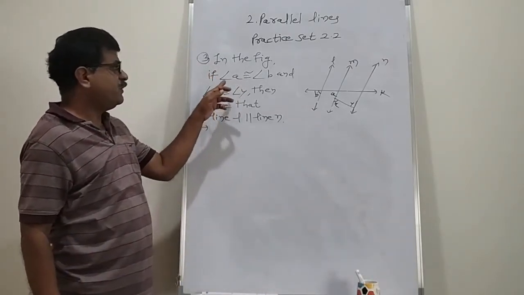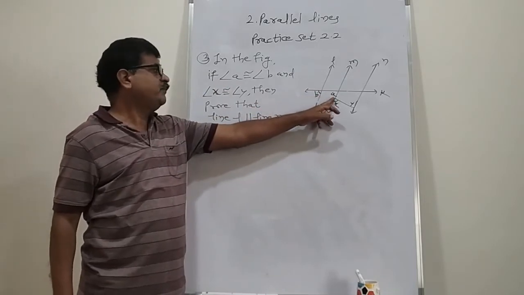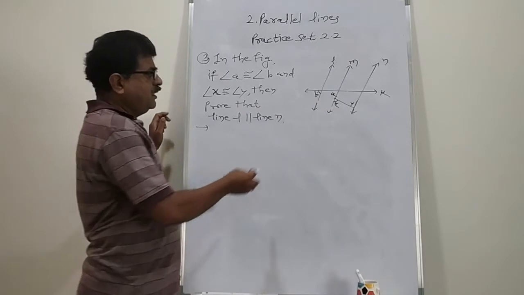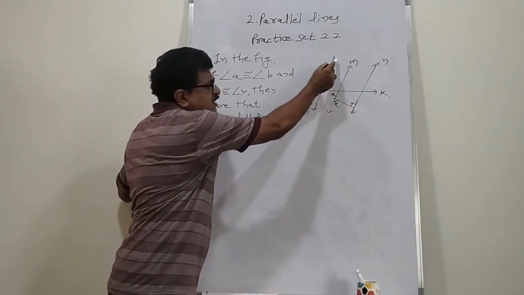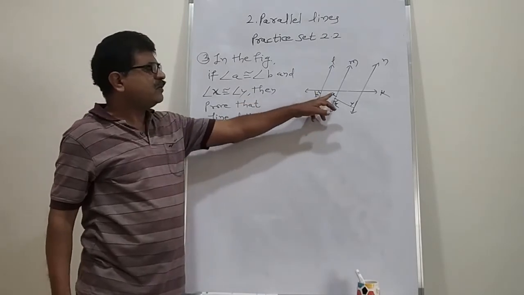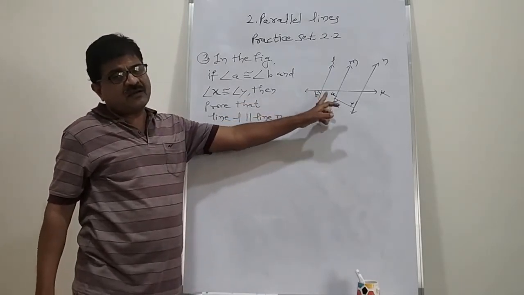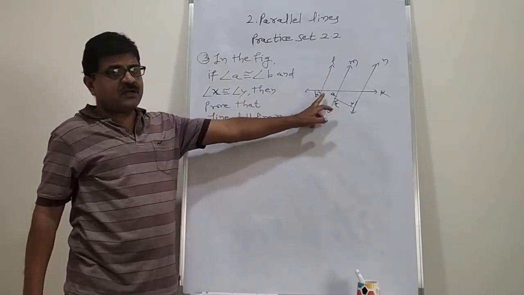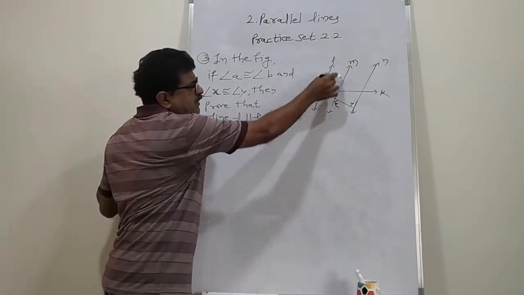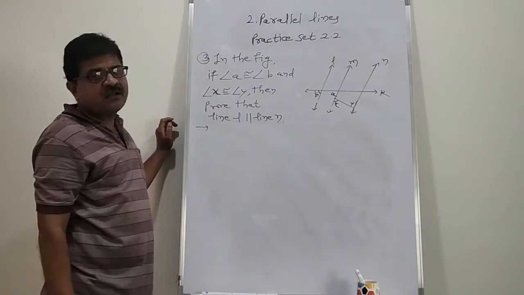In the figure, if angle A congruent to angle B, these two are congruent. Now, line K is the transversal of lines L and M, and angle A congruent to angle B. These are corresponding angles, and if corresponding angles are congruent, therefore by the corresponding angle test, these two lines are parallel.